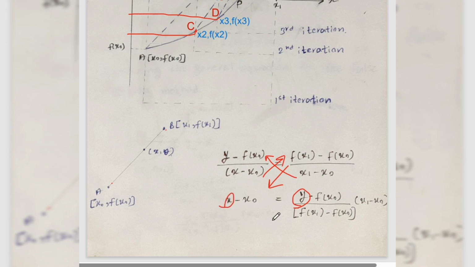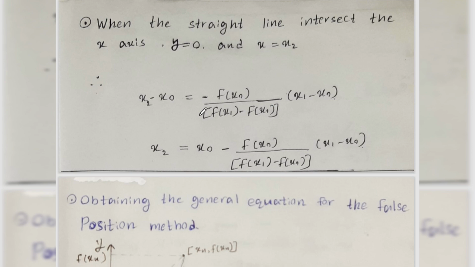Therefore, x2 minus x0 is equal to minus f(x0) over (f(x1) minus f(x0)) times (x1 minus x0). So when x0 goes to the right-hand side, we have x2 is equal to x0 minus f(x0) over (f(x1) minus f(x0)) times (x1 minus x0). So this is the equation for the false position x2.